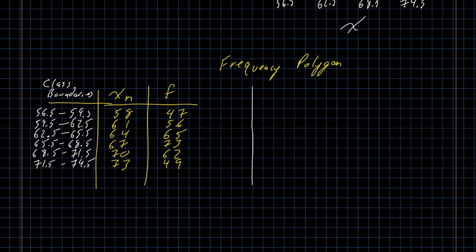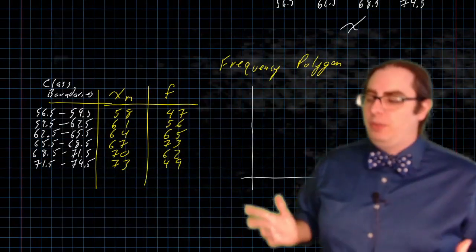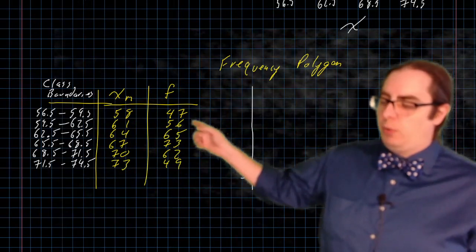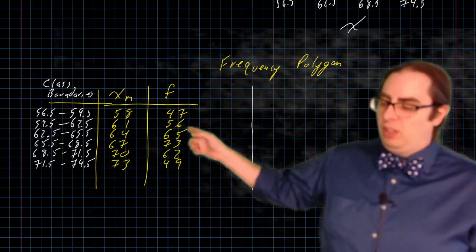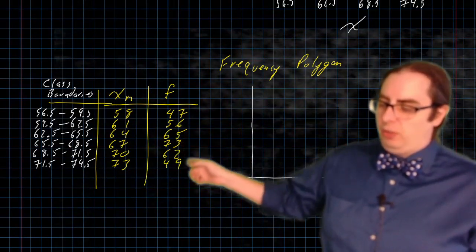Frequency polygons are useful when you have many classes in your frequency table. On this frequency table, I can do some quick arithmetic. 47 plus 56, 65, 73, 62, 49.